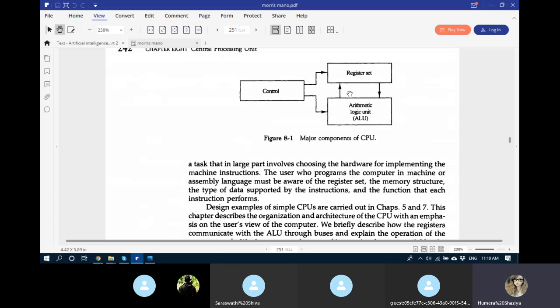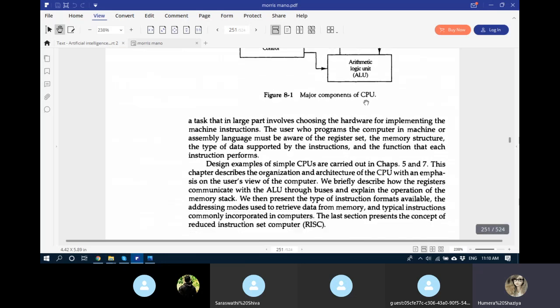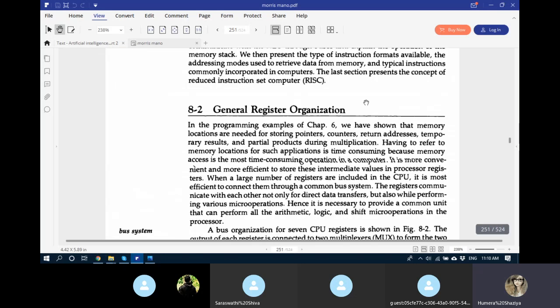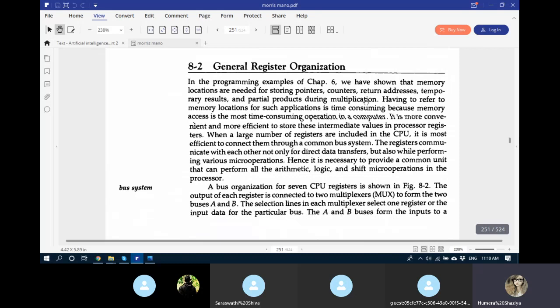And this ALU performs micro operations, and this register set stores the intermediate results. Okay, so let us look at general register organization.